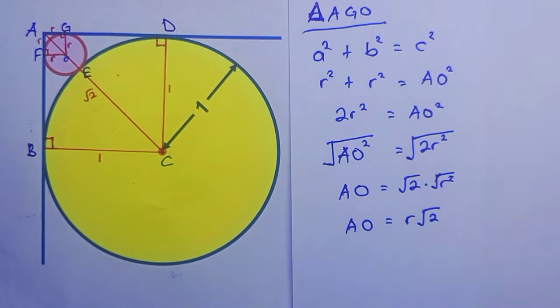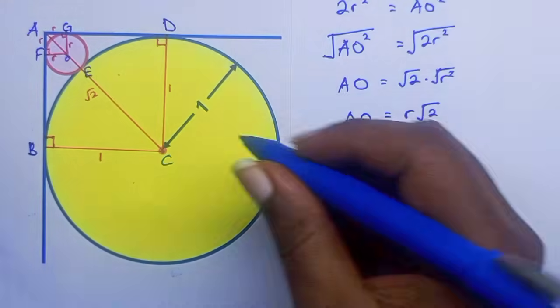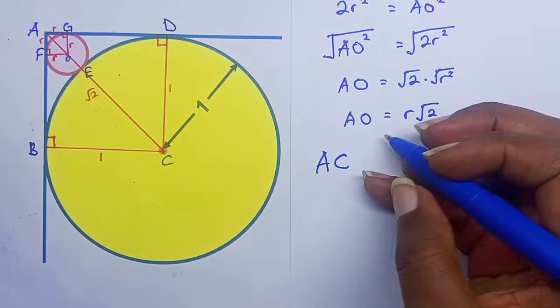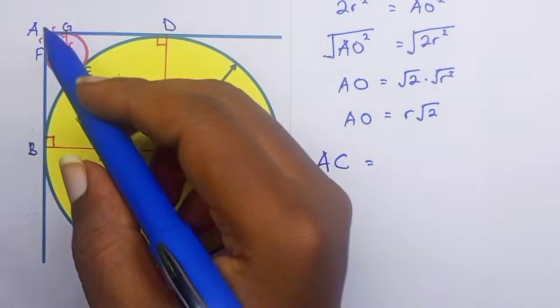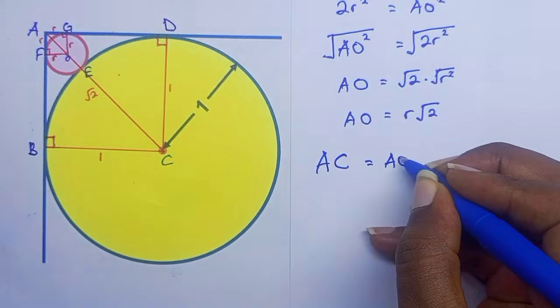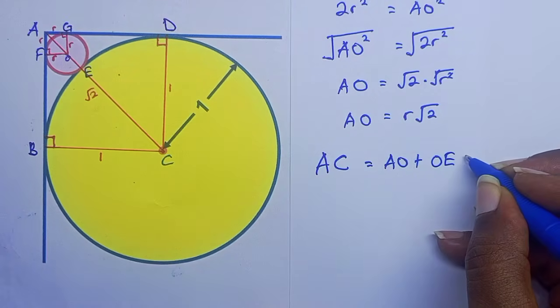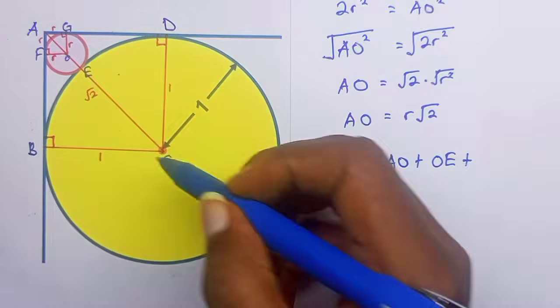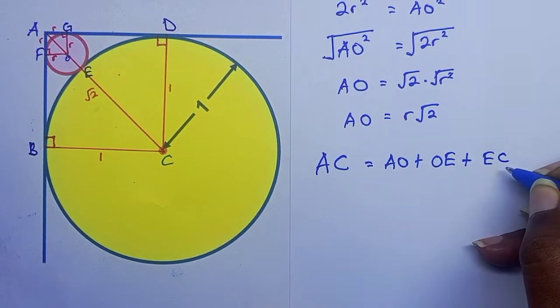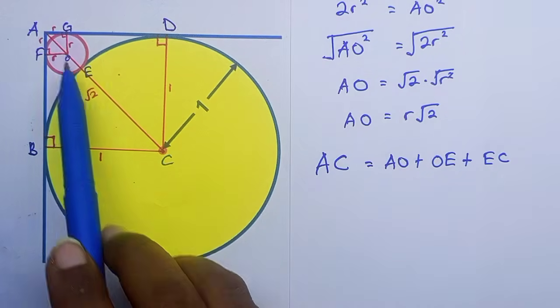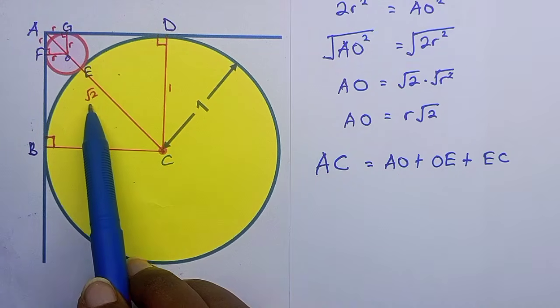But remember, the whole line AC is equal to AO plus OE plus EC. But remember, we got the whole of AC as root 2.